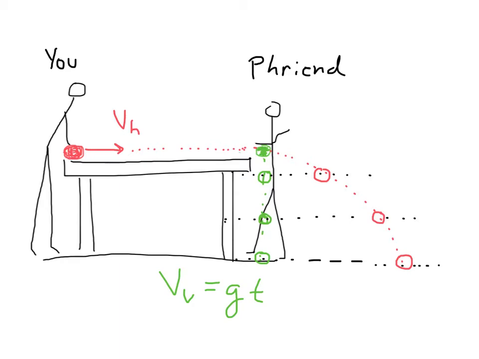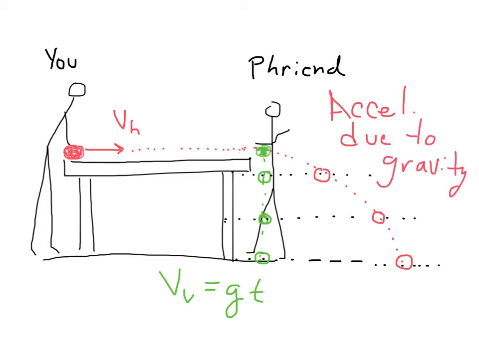And so, you should try this and push the ball off the table, have your friend drop another ball right as soon as they see yours, and they should both hit the ground at the same time, because vertically, the reason they're both falling is because they both have the acceleration due to gravity.